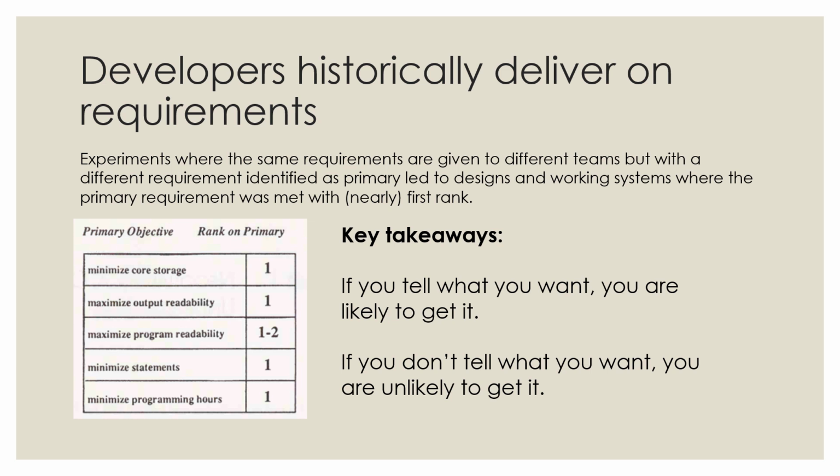Same basic project, but one team was told to minimize storage, another team was supposed to maximize output readability, and so forth. What the authors found is that developers delivered on what was asked. They got a system, but the feature that was asked for as the primary objective was almost always the feature delivered as the most significant.